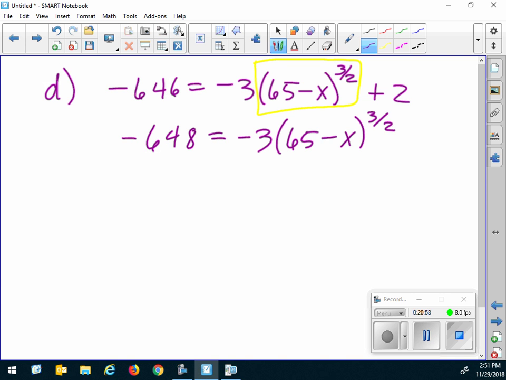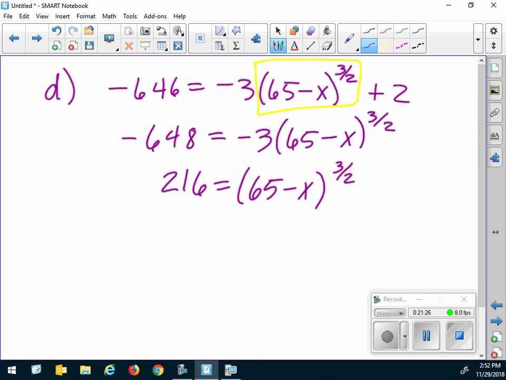Divide by -3. Right. So what is it? 216? No, can't cube it. You all right, Joanna? I can think of this as the square root of 65 minus x raised to the third power.